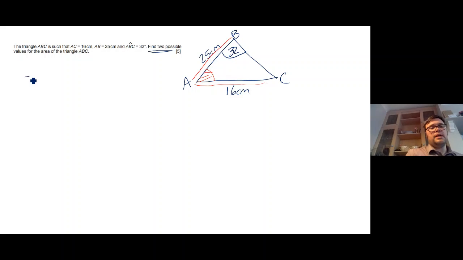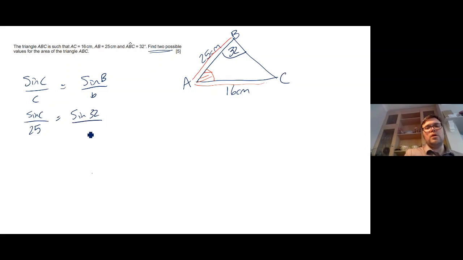So it's going to be sine C over c equals sine B over b. Sine C, that's what we're trying to work out. So sine C over 25 is equal to sine of 32 over 16. That rearranges to sine C equals 25 sine 32 over 16.